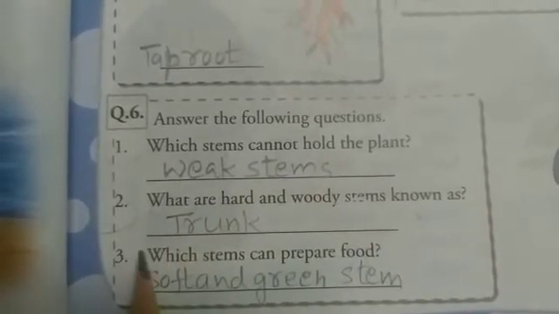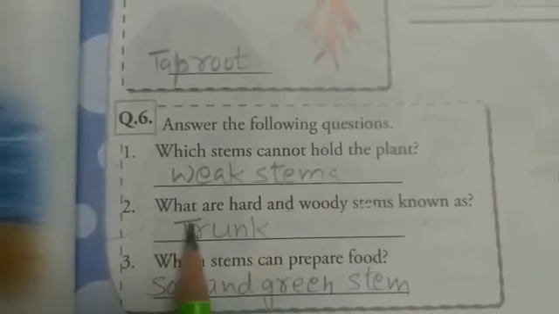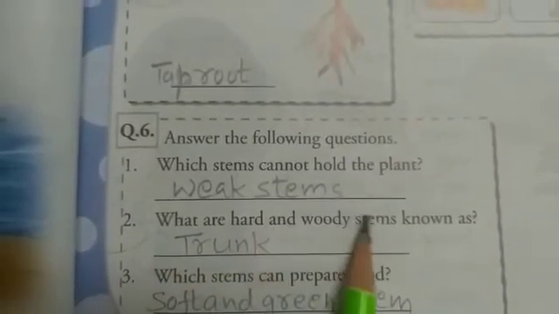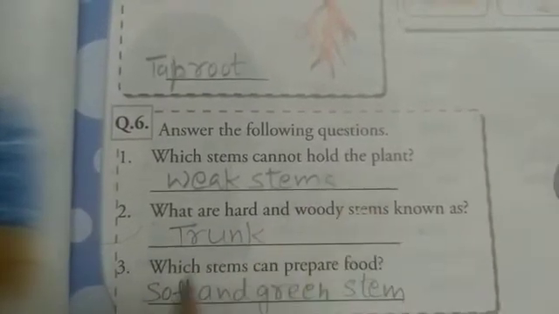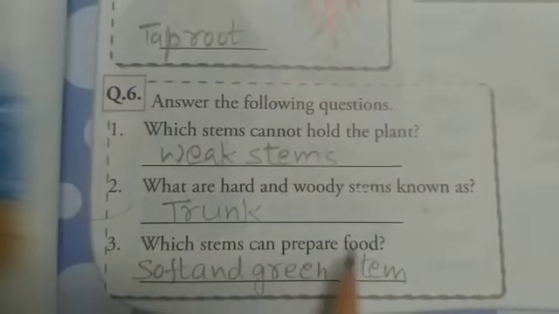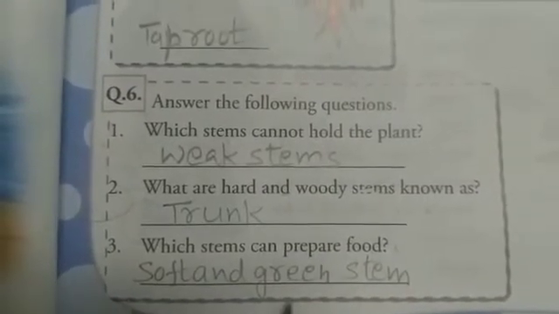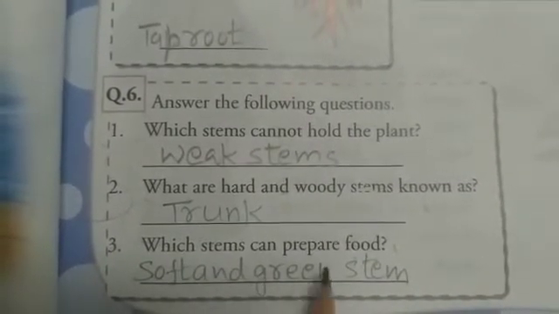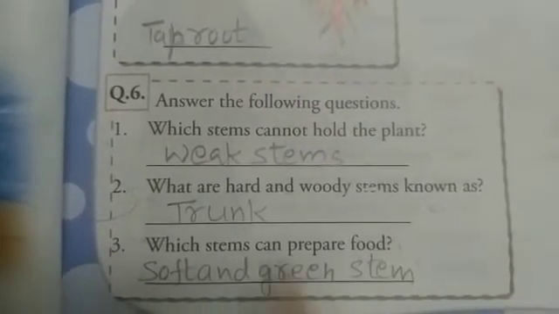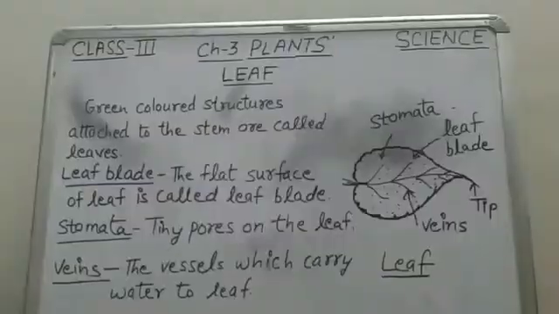So trunk, you will write trunk. Here you will write in short, hard and woody stems known as trunk. So question number 3 is which stems can prepare food? What you will write? Soft and green stem. Okay, soft and green stems can prepare food.